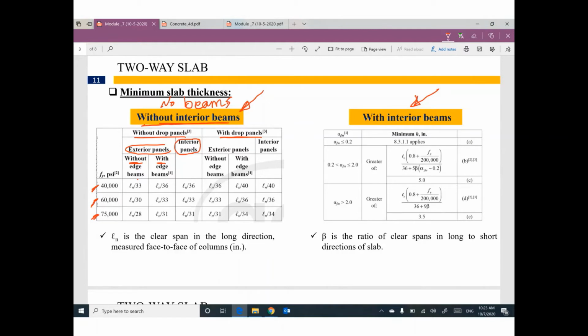Do you have drop panels or not? Based on these conditions, I can decide which expression I'm going to use. By the way, Ln is the clear span in the long direction of the slab measured face to face of column.